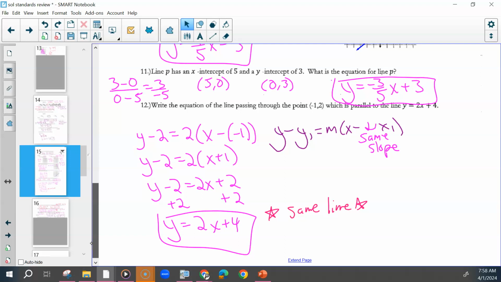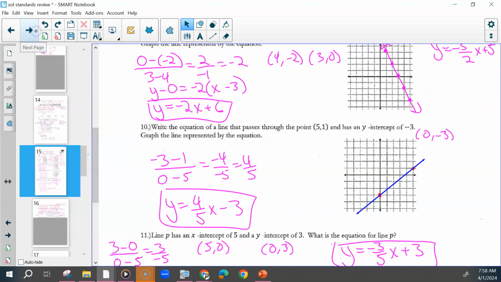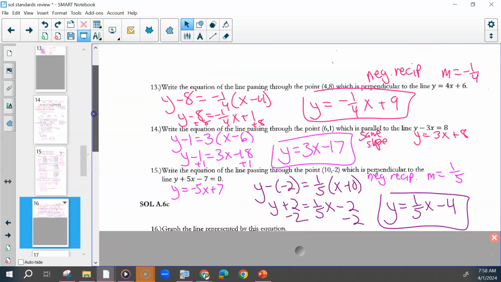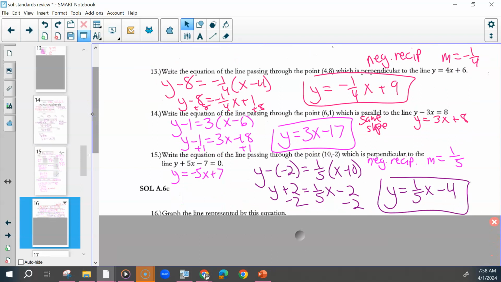And then go on to the next page. 13, 14, 15, again, just writing the equations. So 13 was your y equals negative 1/4 x plus 9.